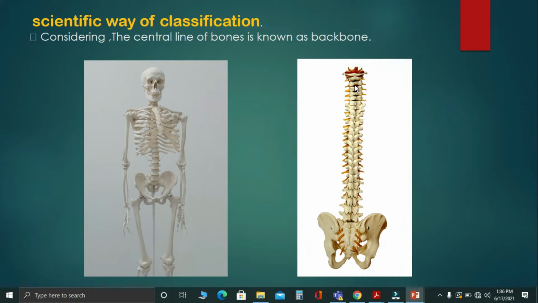So, according to the presence or the absence of the backbone, we can categorize animals into two groups. That is called scientific classification of the organisms.